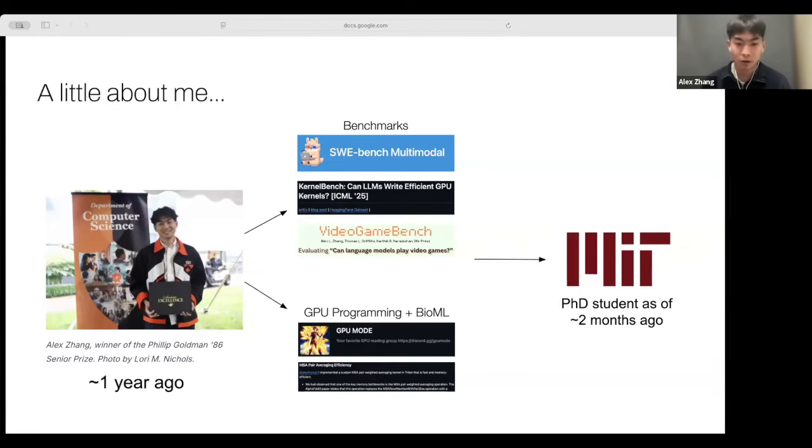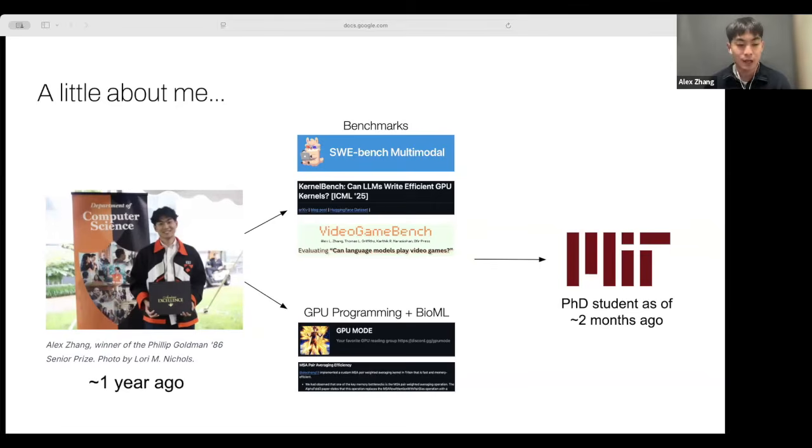In the case of kernel writing or SweBench, a lot of it is about getting models that are more capable at doing these highly productive tasks. For video games, it's more about seeing if we can have very general agents that can solve these interactive environments. And some of the other GPU mode leaderboard stuff is a similar flavor of research.